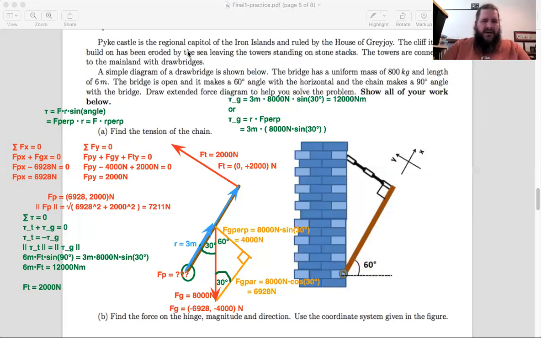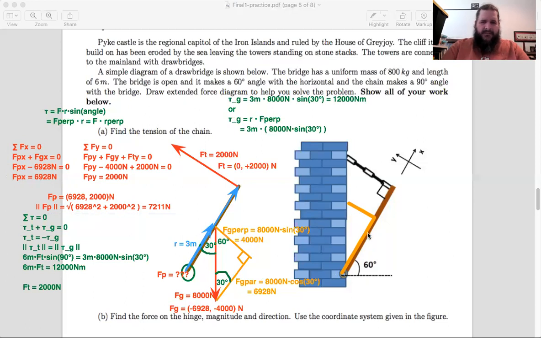What we have here is a force that is in the x direction and y direction in this new coordinate system. So that is 6,928 in the x direction and 2,000 in the y direction. So about a third of that, something like that. So we're going to have those values.